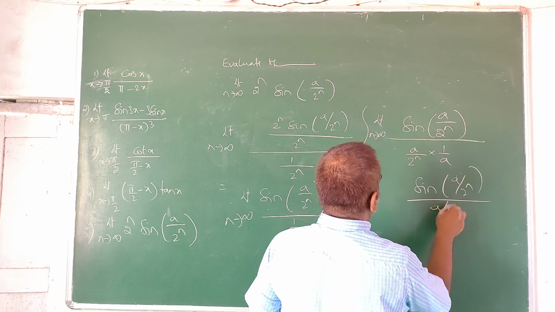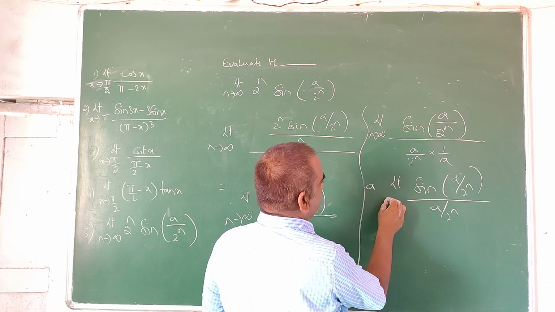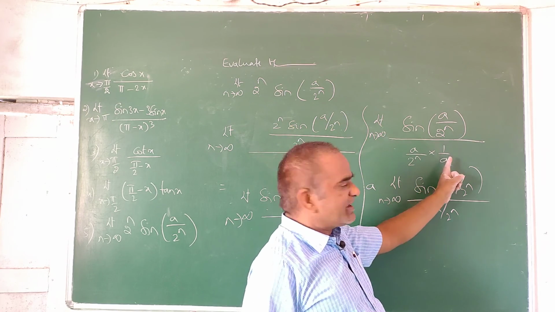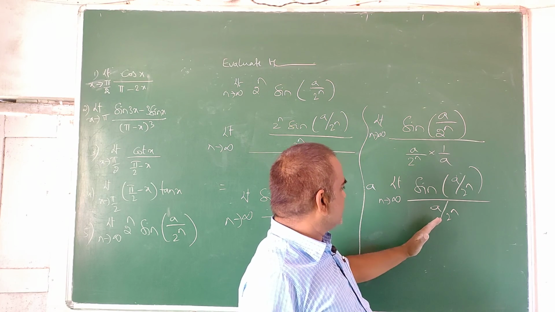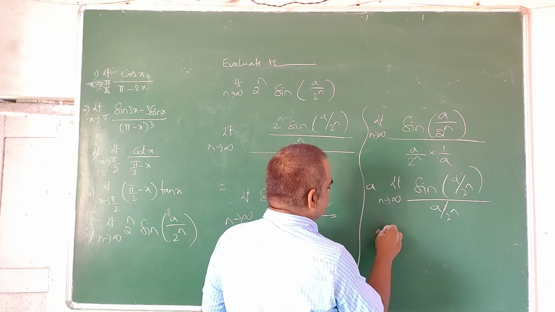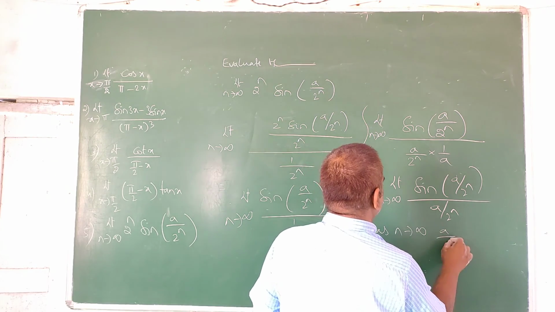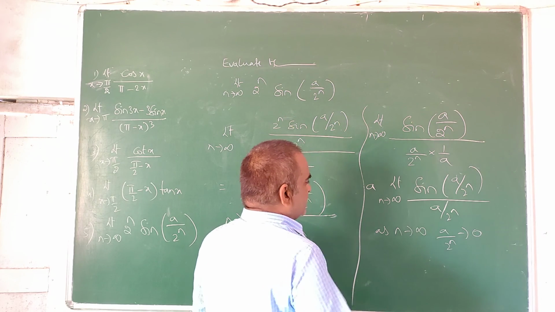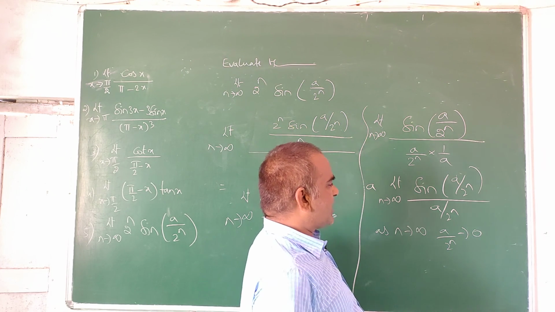I have taken it outside, then this is what is left over. Now as n tends to infinity, a by 2 power n tends to 0. So now this takes the form limit theta tends to 0, sine theta by theta.